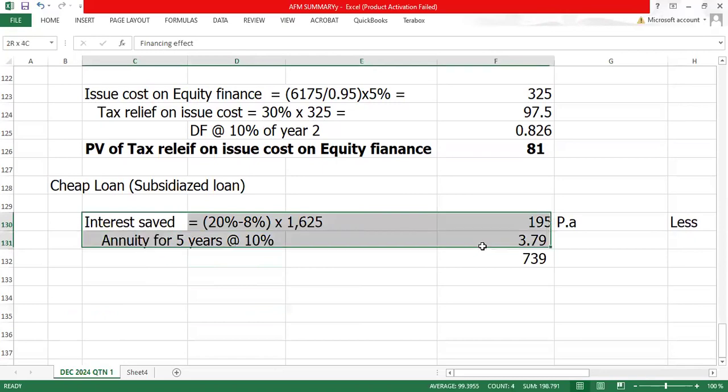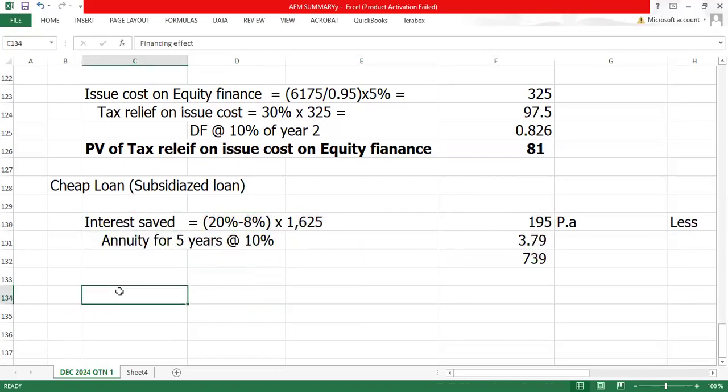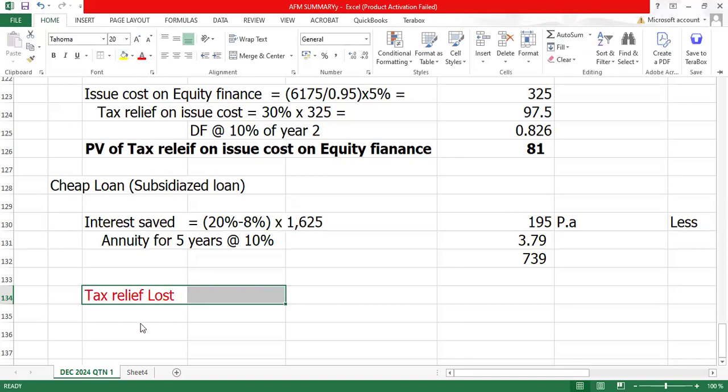After getting this, now look at the issue of the tax relief lost. Remember, in the process of saving interest, you are losing out on the tax relief.